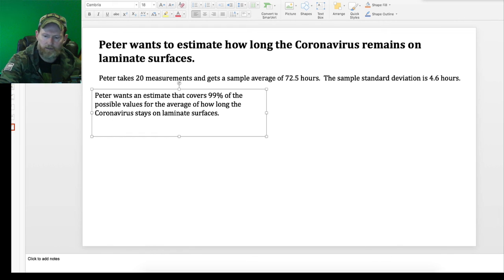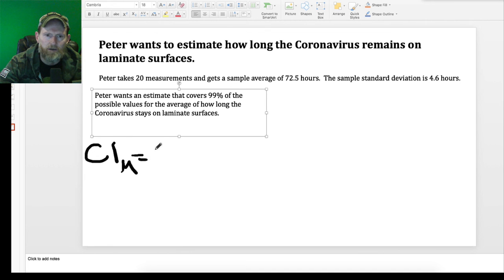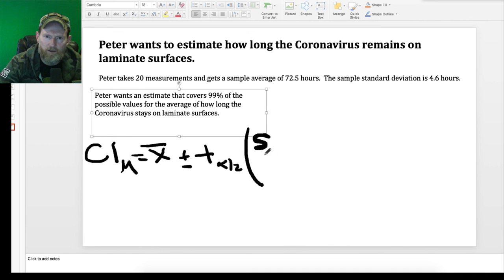So I'm back, did some calculations, and so let's talk about where we were and how I got those numbers. Again, our formula for the confidence interval for mu is going to be x bar plus or minus the t value for alpha half times s, the standard deviation of the sample, over the square root of n.